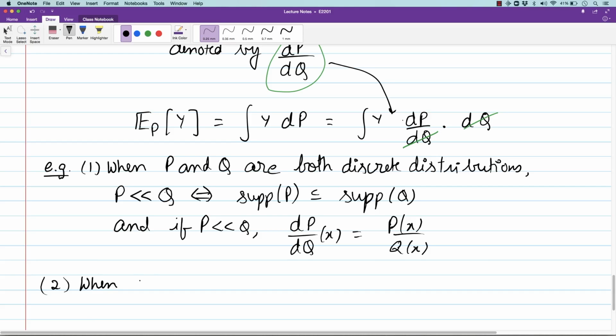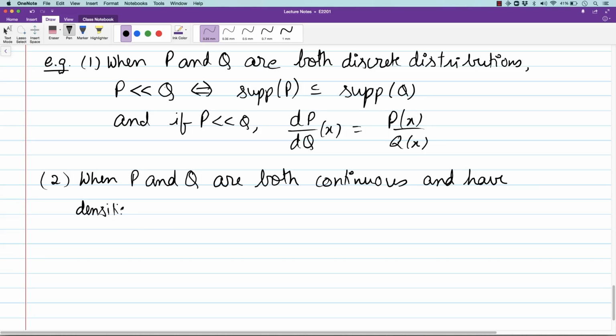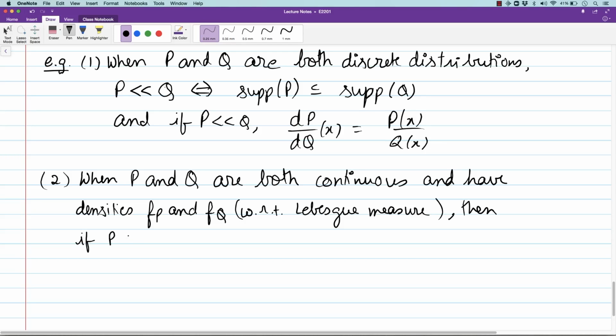In fact, when P and Q are both continuous and have densities, let's say f_P and f_Q, with respect to the standard length measure, the Lebesgue measure (when I say density in standard language, that's always with respect to this), then if P is absolutely continuous with respect to Q, dP/dQ is equal to just the ratio of densities.